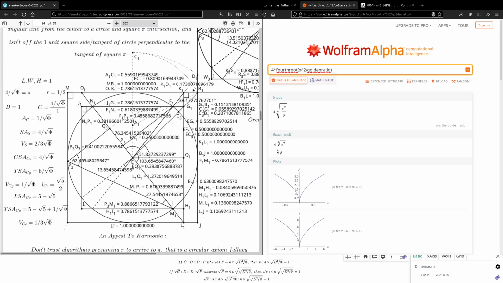So there's a use of the diagonal line, but the diagonal of the square line.